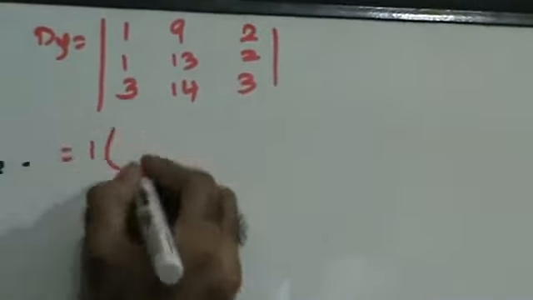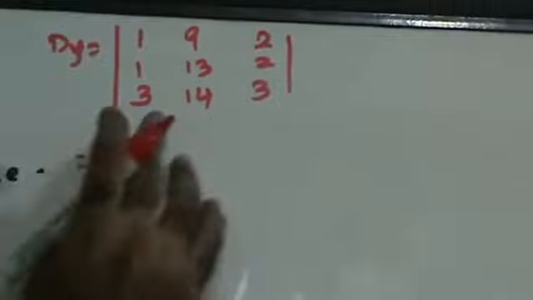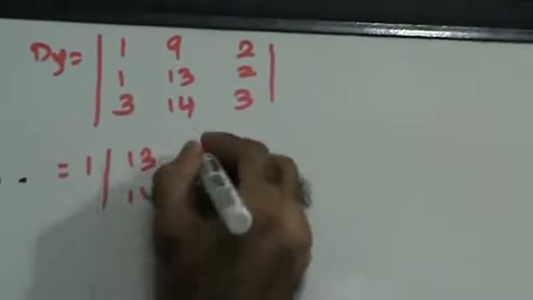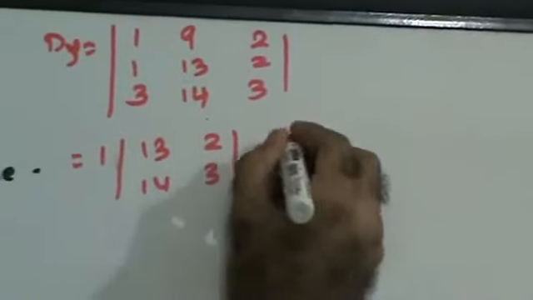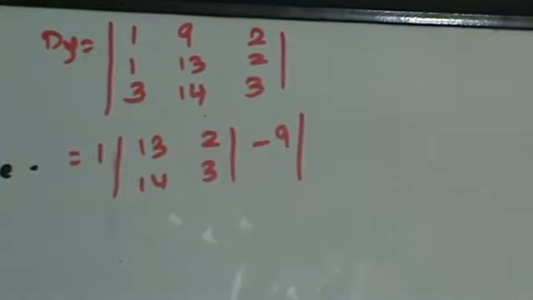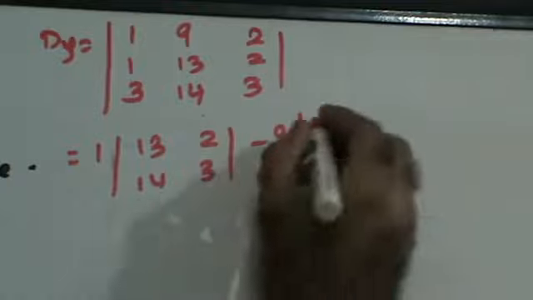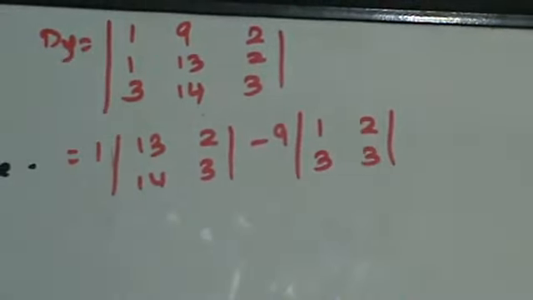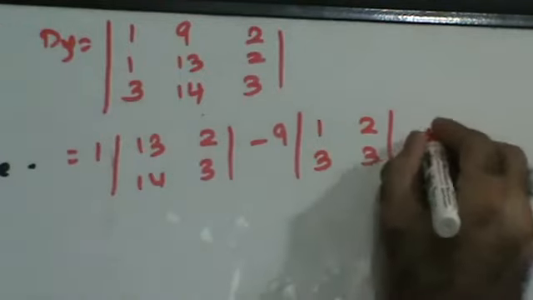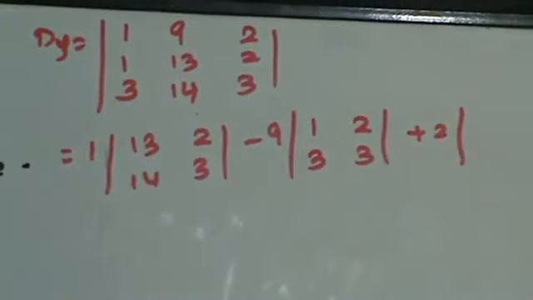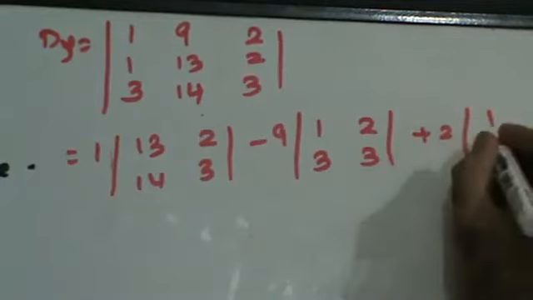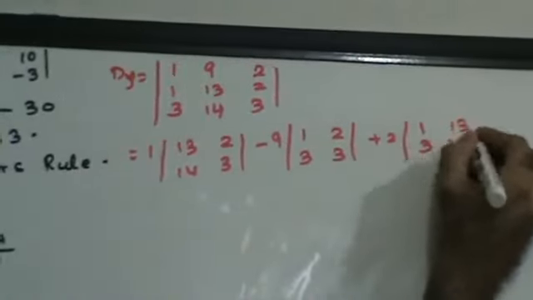So this is going to be 1. Now, if I take the first element of the first row, this is 13, 14, 2, 3, minus 9. Second element of the first row, so in that case you will have 1, 3, 2, 3. I cannot take the first row and the second column, plus 2. Third element of the first row, I cannot take the first row and the third column, so this is 1, 3, 13, 14.